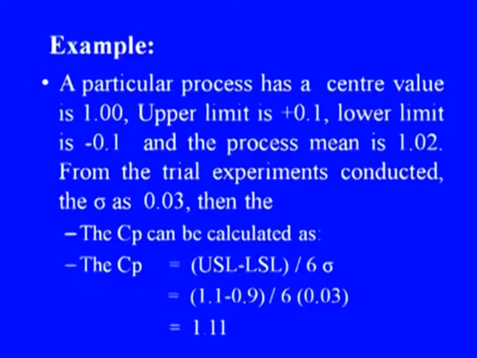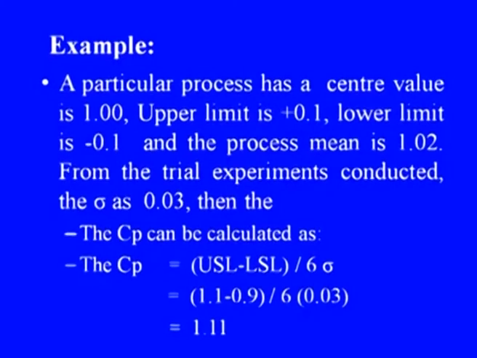Let us take an example to explain the importance of Cp and Cpk. A particular process has a center value, let us consider to be 1, and the upper limit is plus 0.1 while the lower limit is minus 0.1, and the process mean is 1.02.